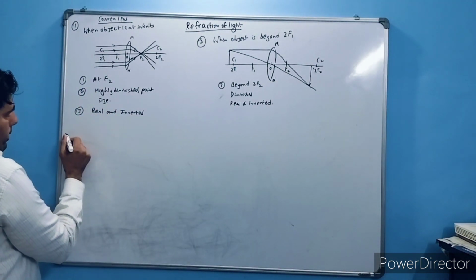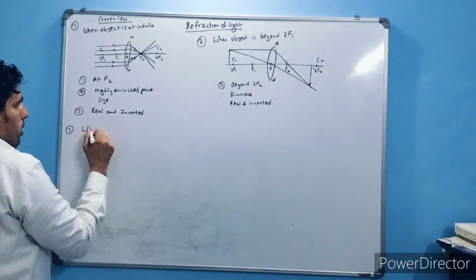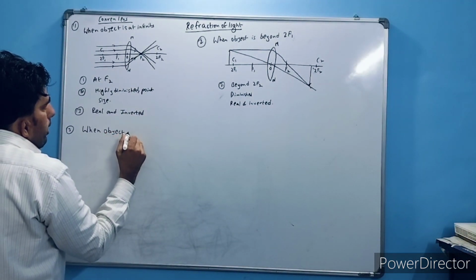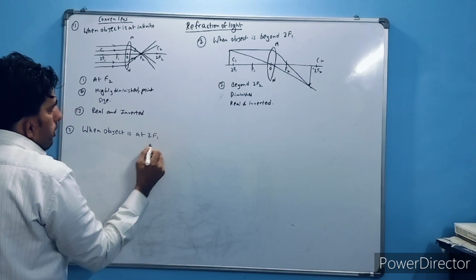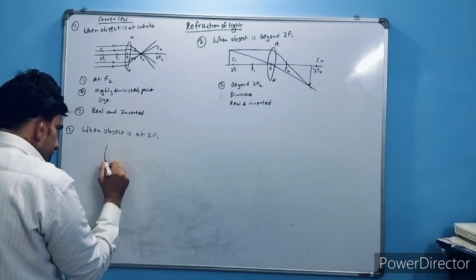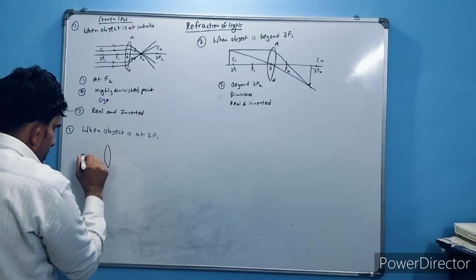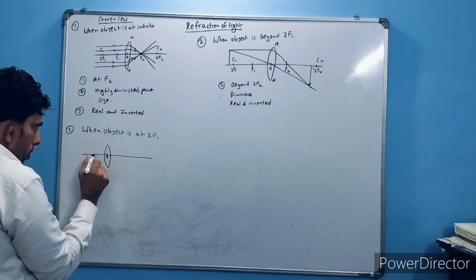Now the third case will be when the object is at twice of F1.